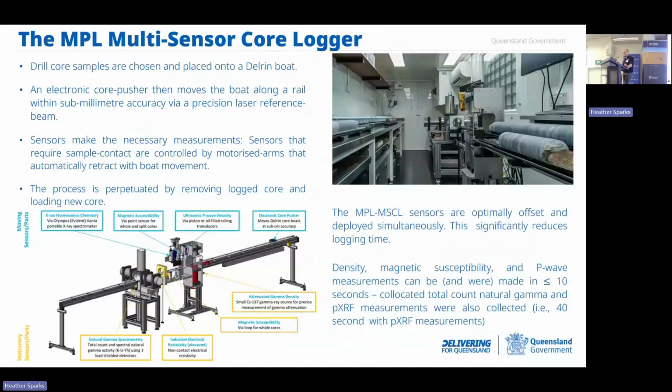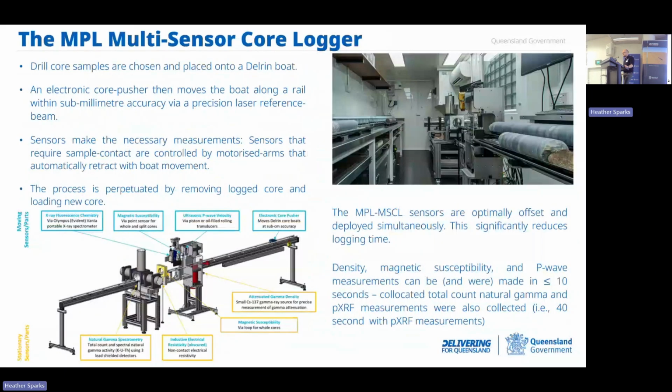There was an optional extra to have a portable XRF in the workflow, which we decided to do for completeness, and to enable a future comparative study, potentially comparing results with a lot of the Mineralizer data that was collected on some of those cores as well. Following that, there were two MagSUS instruments, one point sensor and one loop sensor, the loop only being really useful for the whole core. And then following that, a non-contact electrical resistivity tool. And finally, at the very end there, a natural gamma tool, which measures the potassium, uranium, and thorium counts, which are the three big cylinders around it there.